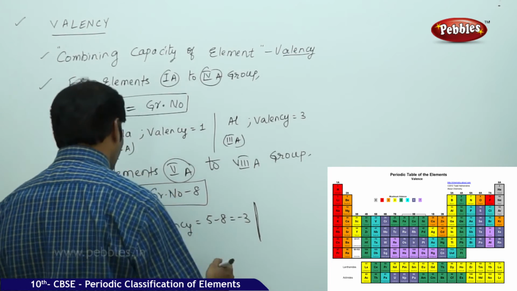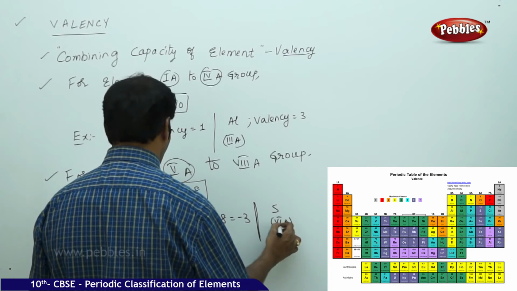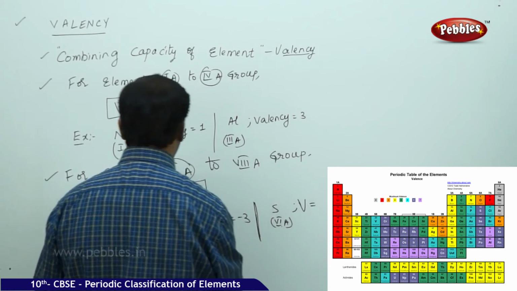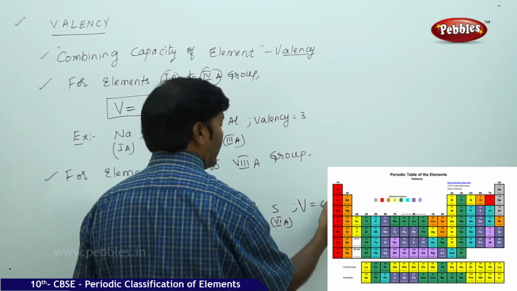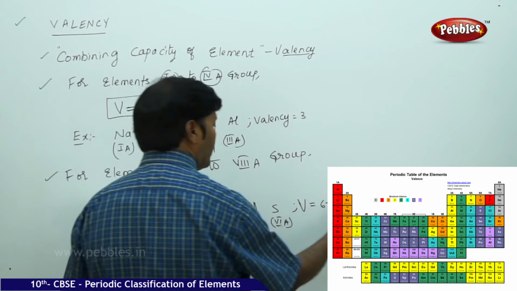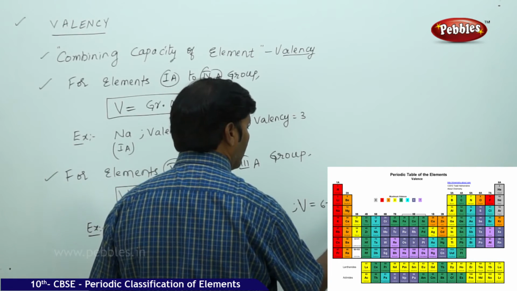You go for sulfur, belongs to 6th A group, so its valency V is equal to group number minus 8, so 6 minus 8 which is equal to minus 2. So what is its valency? It means 2. Overall valency is minus 2, simply valency is 2.